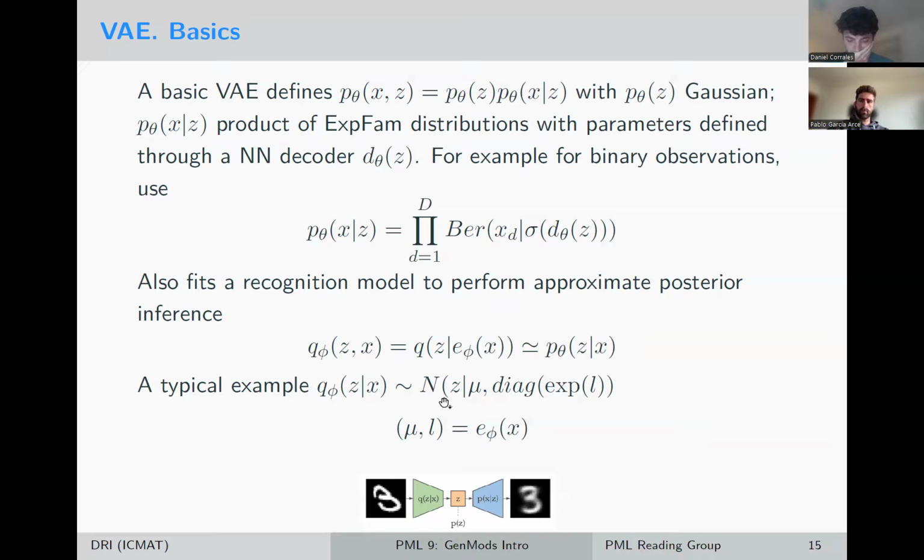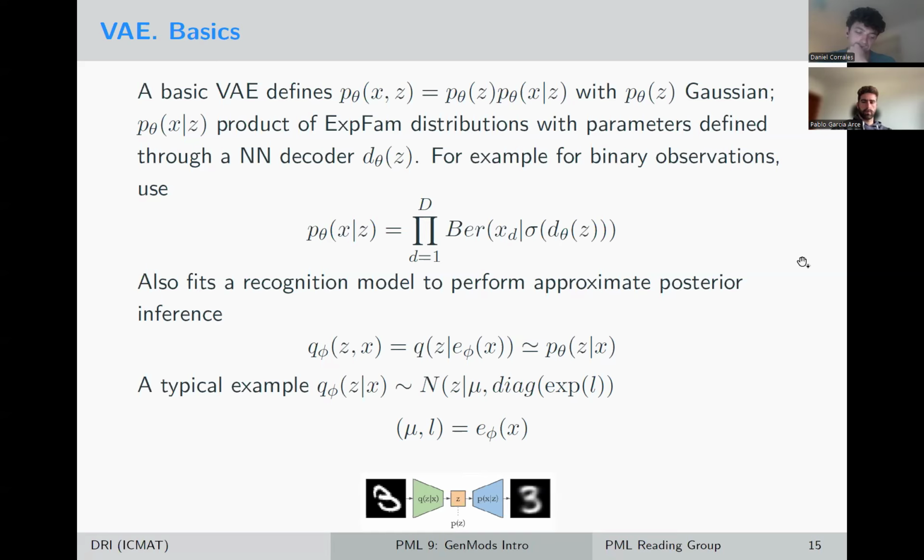A typical example is a normal, whose variables are the latent variables, and whose moments are a mean and a standard deviation, a diagonal matrix with the same sigma in the diagonal, and the mean and the log standard deviation come from a neural network.